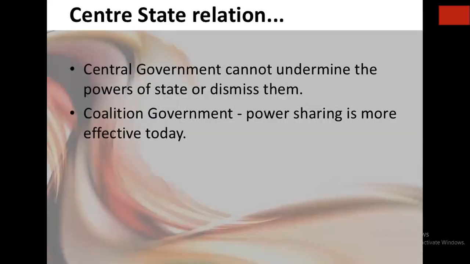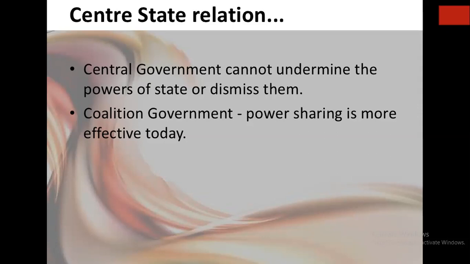Center-state relations. The central government cannot undermine the powers of states or dismiss them. What is the meaning of this? The central government cannot undermine the powers of the state or dismiss them. And next is coalition government. Power sharing is more effective today. What is the meaning of coalition government?